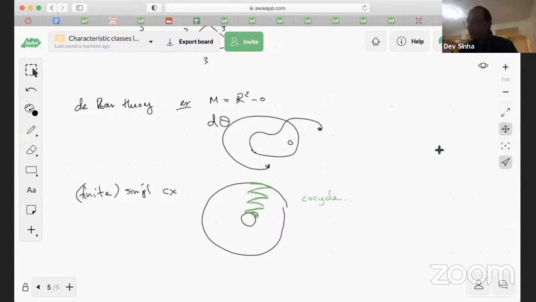And again, I'm in the triangulated setting. So I have all sorts of other edges and things like that. It's triangulated. And the significance of this cocycle is that if I go around the annulus, then at some point I'm going to have to cross one of these green edges.